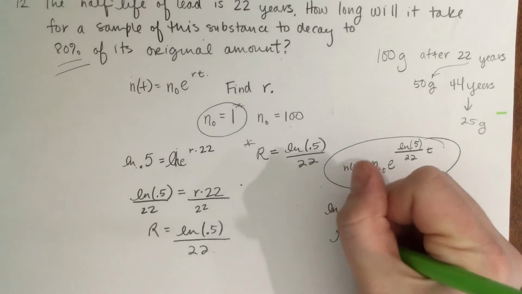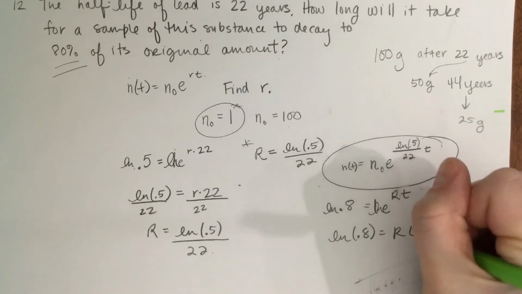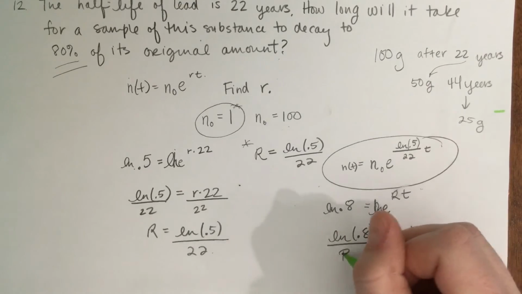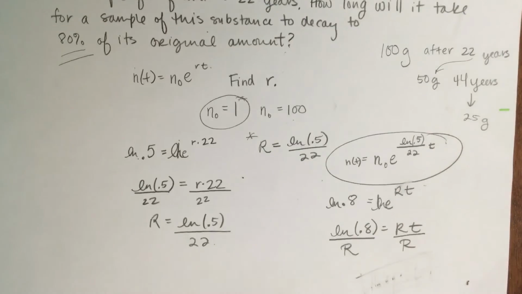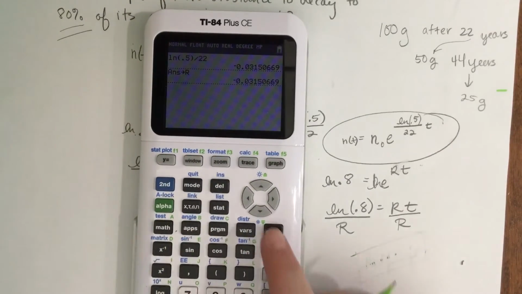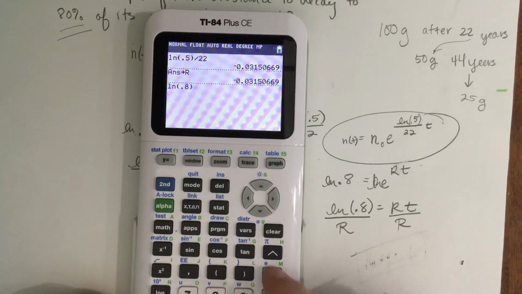So when I do this, I end up with the natural log of 0.8 equals rt. Well, I'm solving for t, so if I divide both sides by r, I'm now left with time. So I'm going to take out my calculator, and now I am going to do the natural log of 0.8 divided by r.